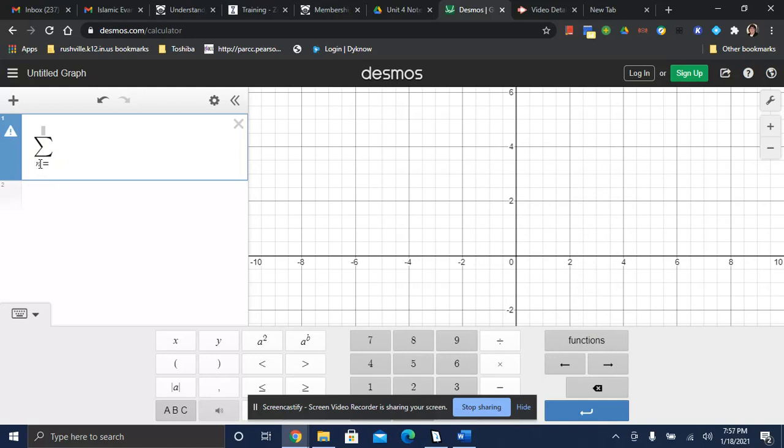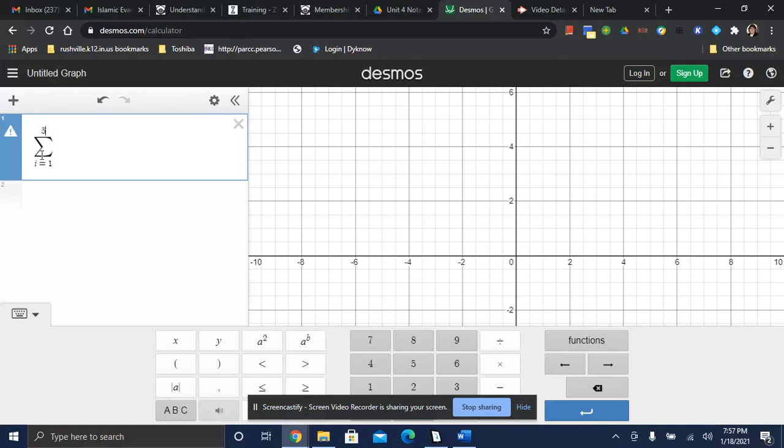We used an I, so you can change this to an I. I know that with the TI, they tend to stick with X's, so whatever your variable requirements are, you do need to be consistent. So we're going I equals 1, and then at the top it's 5.